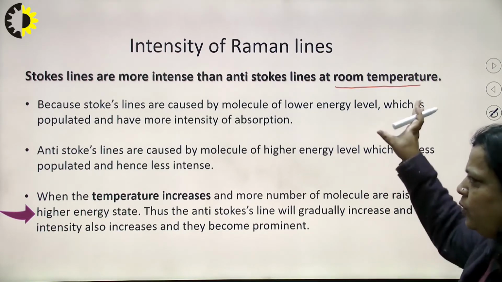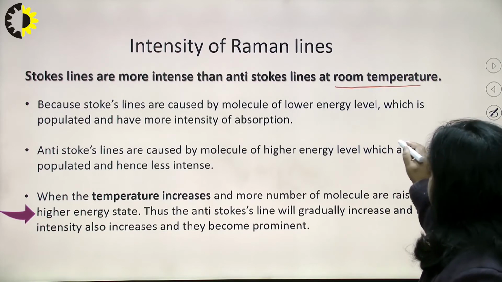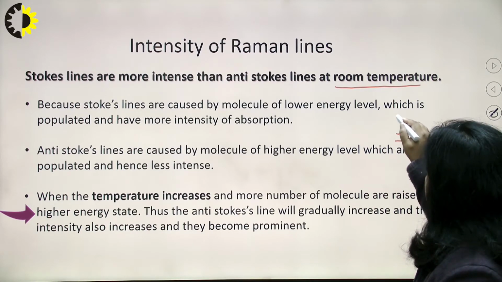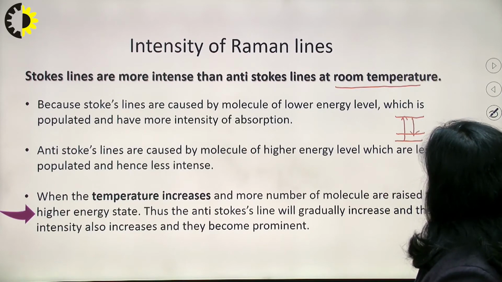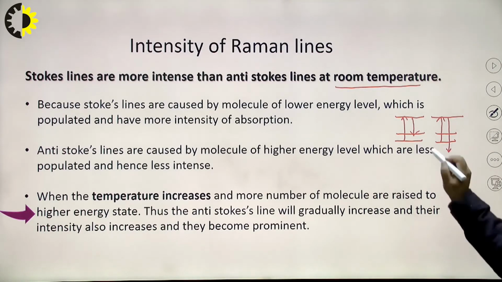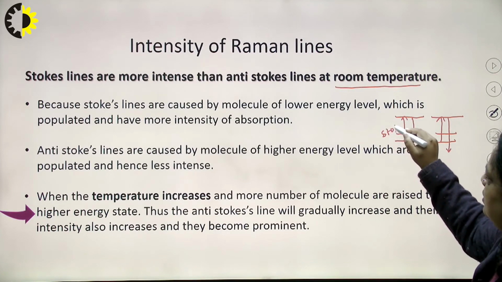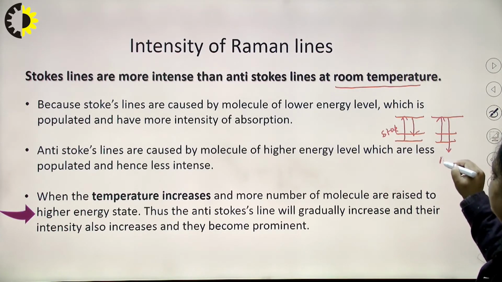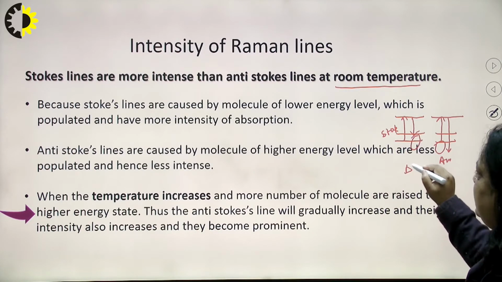And when we do any problem of this Raman spectroscopy, please draw this type of figure or diagram roughly on the side. If energy is less, then it is a Stokes, and if energy is more, then it is anti-Stokes, and this difference is delta nu.